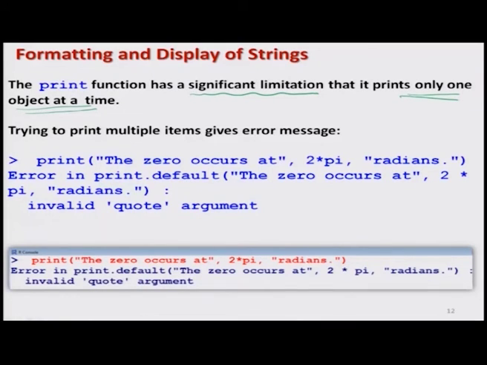Suppose I want to print the outcome in a particular way, that first I want to print "The 0 occurs at", which is a string. This whole sentence should appear exactly in the same way, and then whatever is the value of the variable 2 into pi. Pi is a given value inside R, and after that it should print radians.